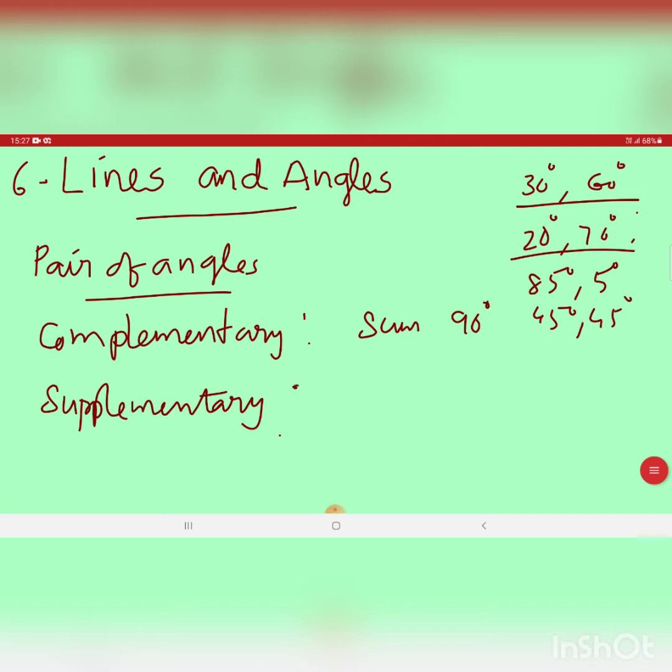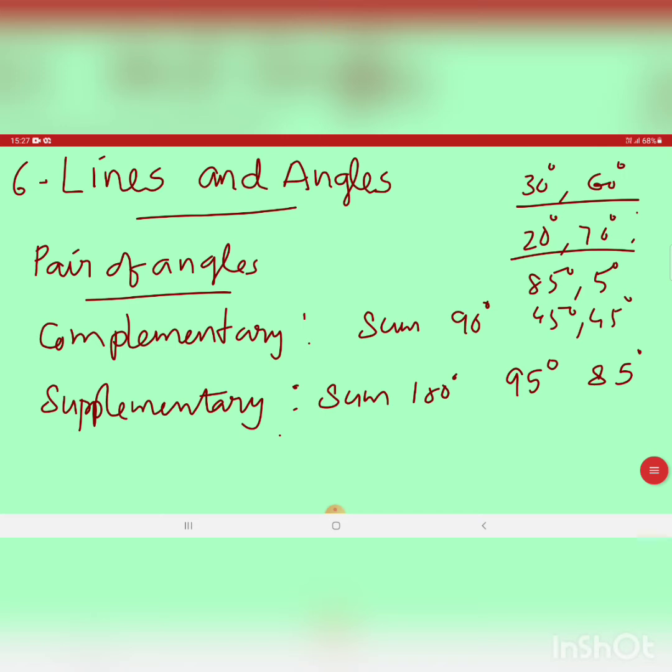Now, supplementary pair means the sum is 180 degrees. A pair of angles whose sum is 180 degrees is known as supplementary angles or a supplementary pair. Example, 95 degrees, 85 degrees.